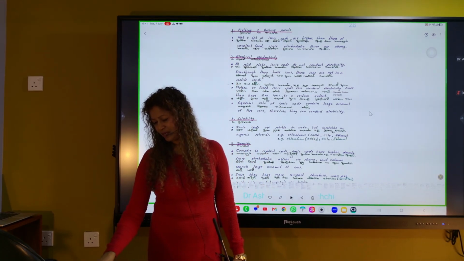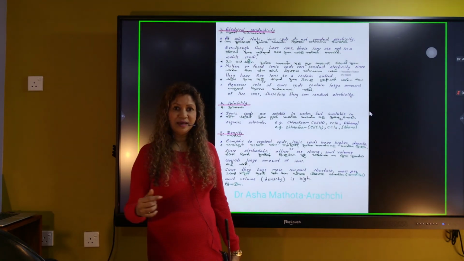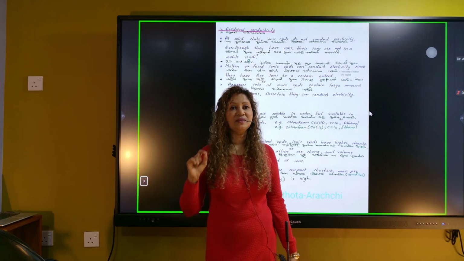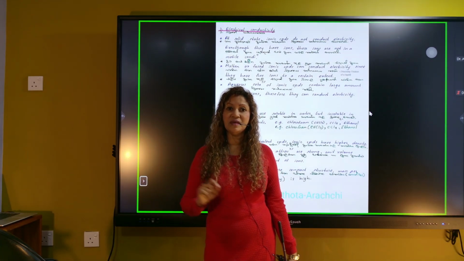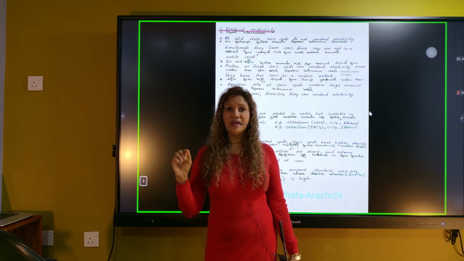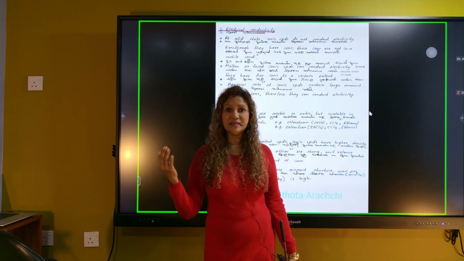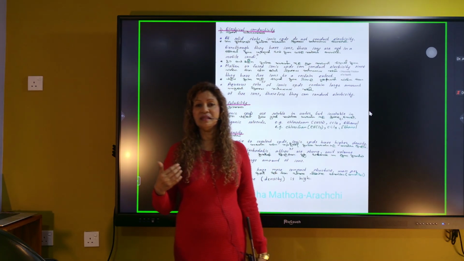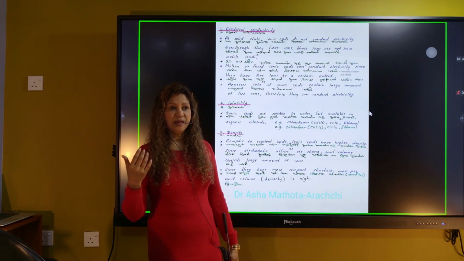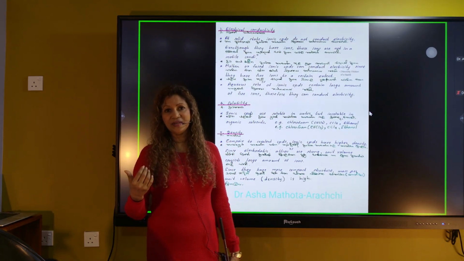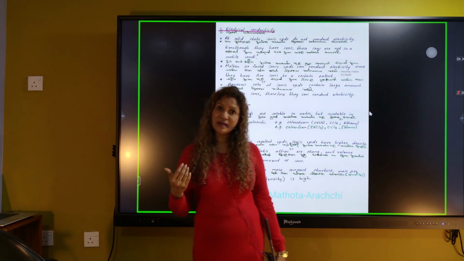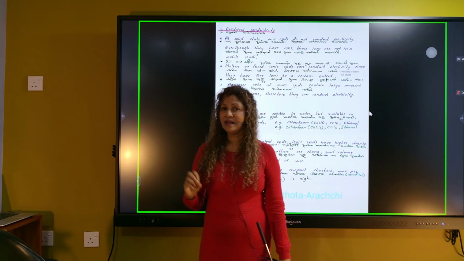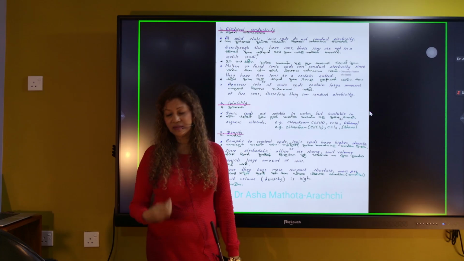The next one is solubility. I told you guys that to understand solubility, we have to wait until the last part of Unit 2, because we have to explain the van der Waals interactions. For now, just remember that ionic compounds have ions and water is also polar, so they have interactions, and ionic compounds dissolve well in water.